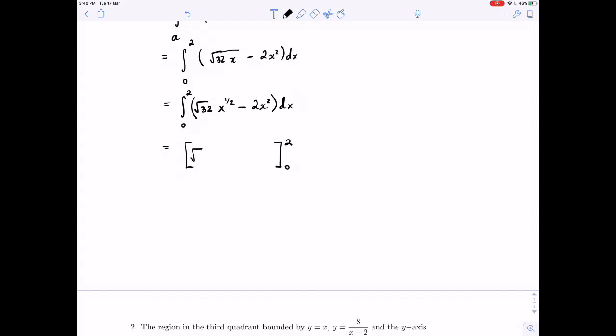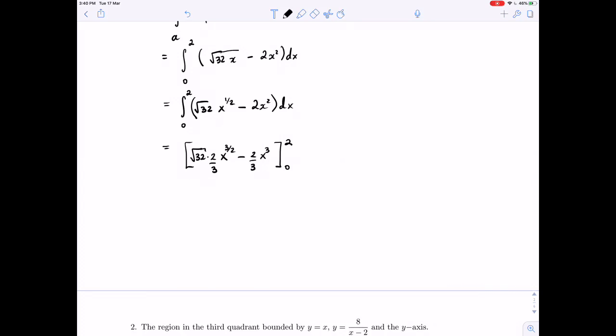We can keep the coefficient root 32 in front. The antiderivative here is x to the add 1, so 3 over 2, divided by 3 over 2, which is the same thing as multiplying by 2/3, minus x cubed over 3, which is the same thing as multiplying by 1/3. So there is our antiderivative.